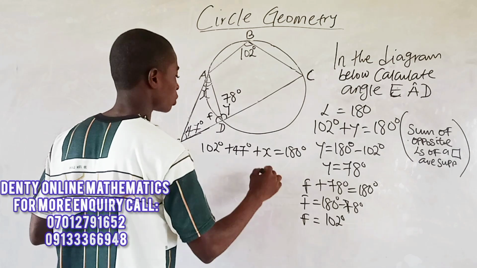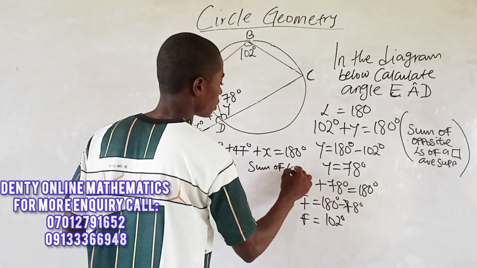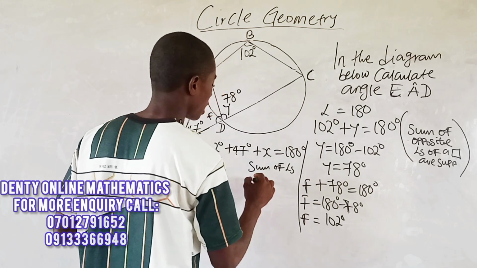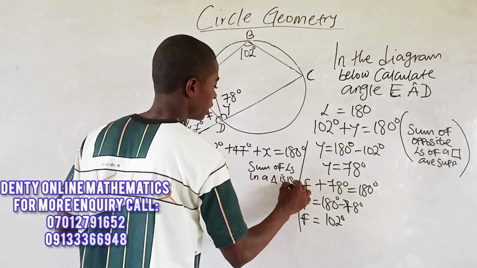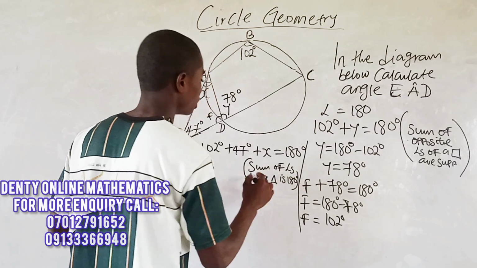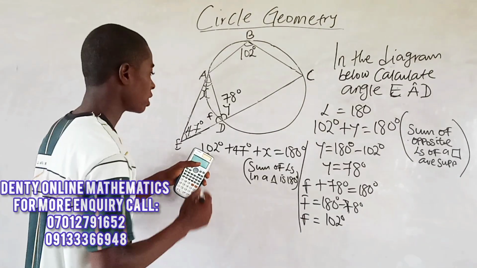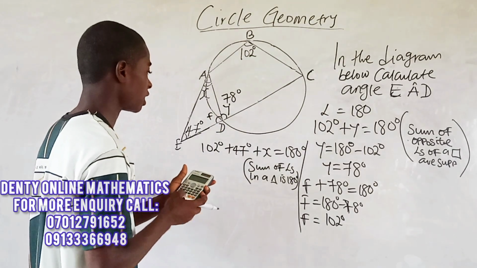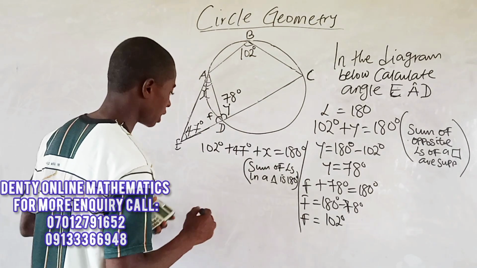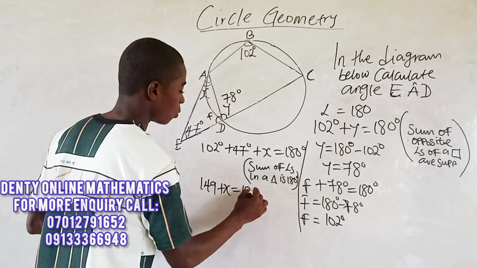Why? Because the sum of angles in a triangle is 180 degrees, which means the total angle in this triangle is equal to 180 degrees. So I have here 102 plus 47 degrees is equal to 149. So I can say 149 plus x is equal to 180.